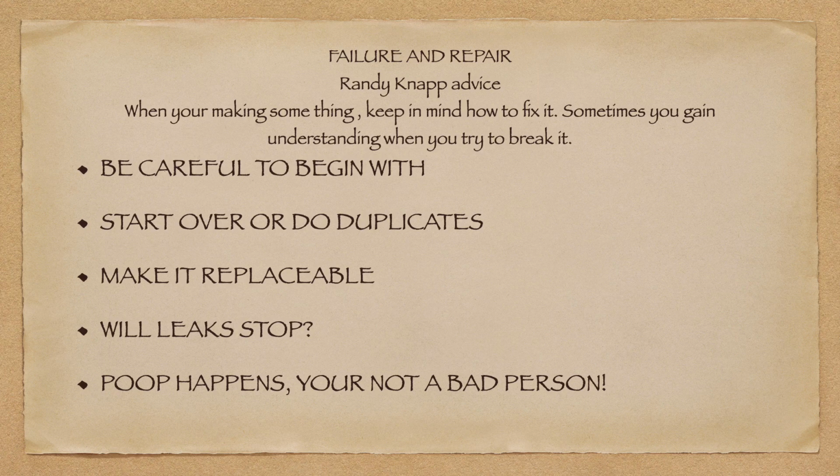Another approach is to make it replaceable. Some of the kaleidoscopes are designed intentionally so that the object cases can be replaced easily and are not inherent or permanently affixed to the main body of the kaleidoscope.